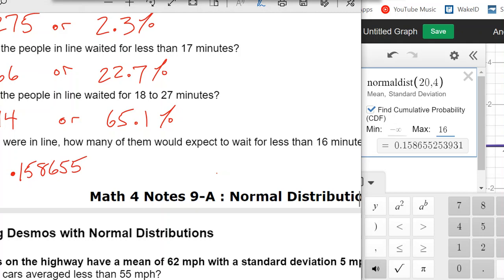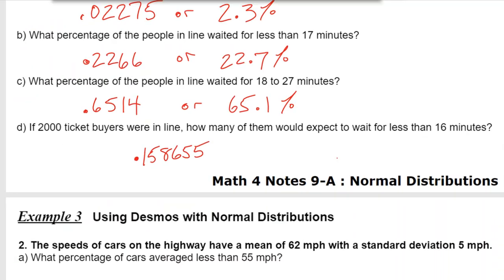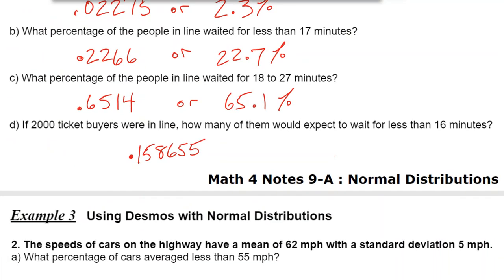Now I'm doing maybe an extra decimal or two, partly because I'm turning around and multiplying it by the 2,000 people. This is basically saying that 15%, 16% of these 2,000 ticket buyers are going to wait less than 16 minutes. Now I got to get a calculator and figure out what it is.